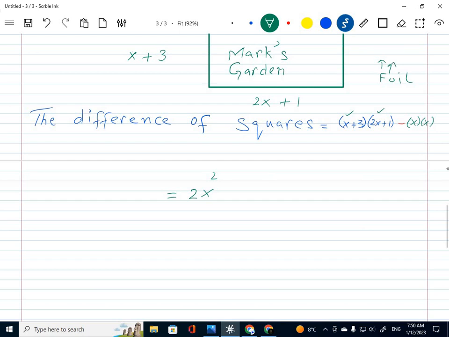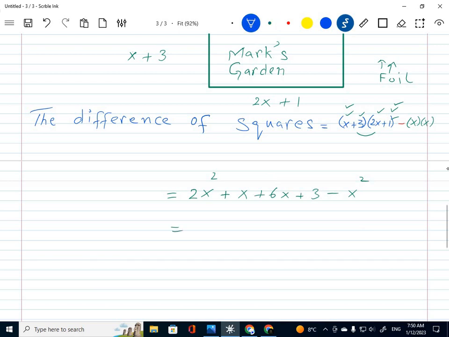O is outside terms. These are the outside terms, so x multiplied by 1. Inside terms: 3 twos are 6. And last terms: 3 is last here and 1 is last here, so 3 ones are 3. Then we have x squared.